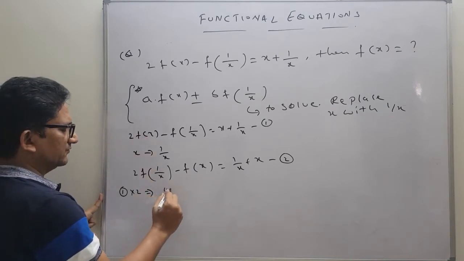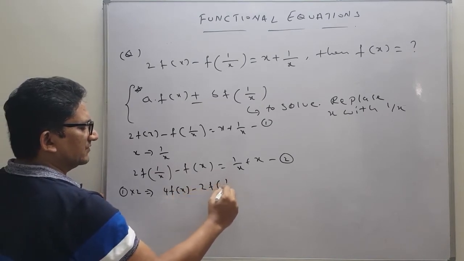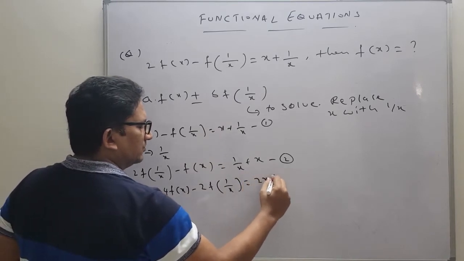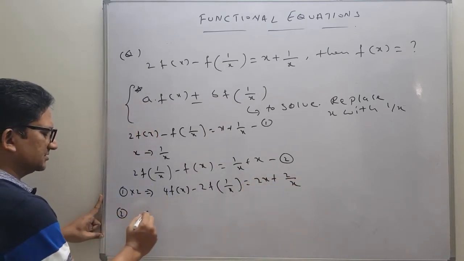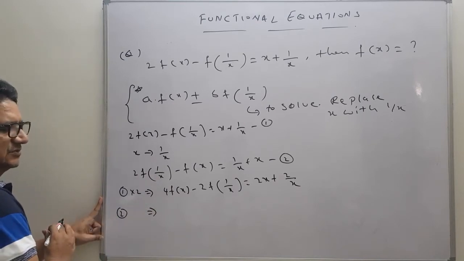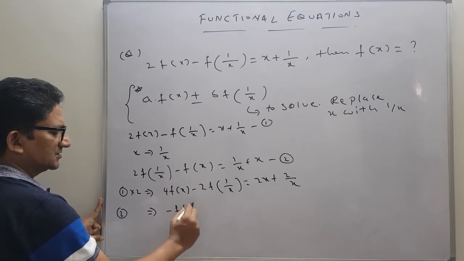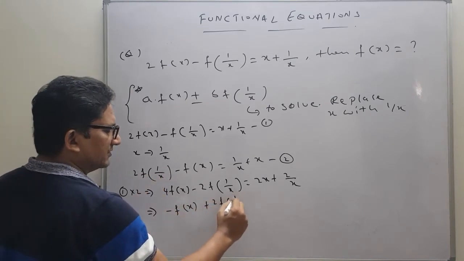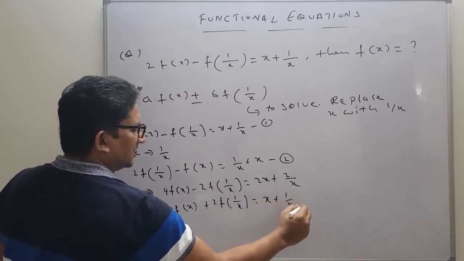Then it becomes 4 times f of x minus 2 times f of 1 by x equals 2x plus 2 by x. The second equation I write as it is: minus f of x plus 2 times f of 1 by x equals x plus 1 by x.